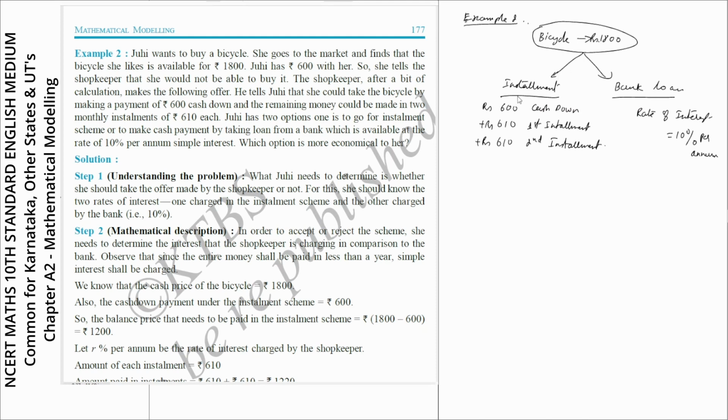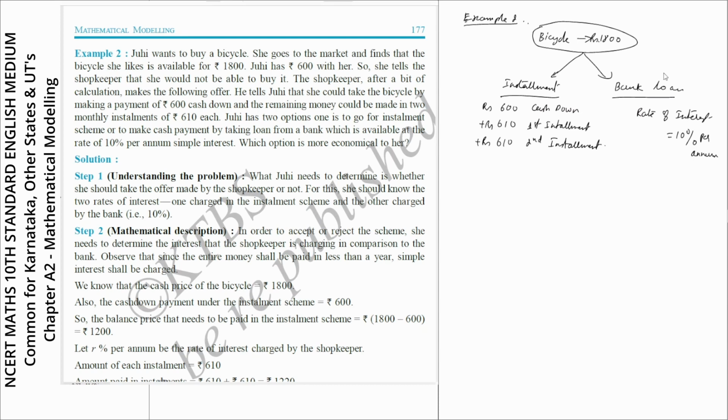So in installment option, Juhi has to pay rupees 600 as cash down payment and pay two installments of rupees 610. Okay, or she can go and buy the bicycle by taking a loan. And the rate of interest in this loan is 10% per annum. So which is more economical is the question.